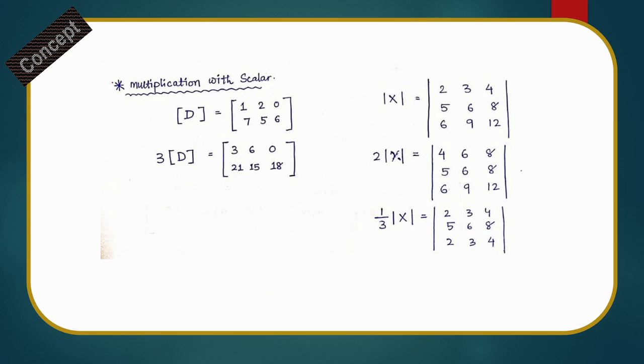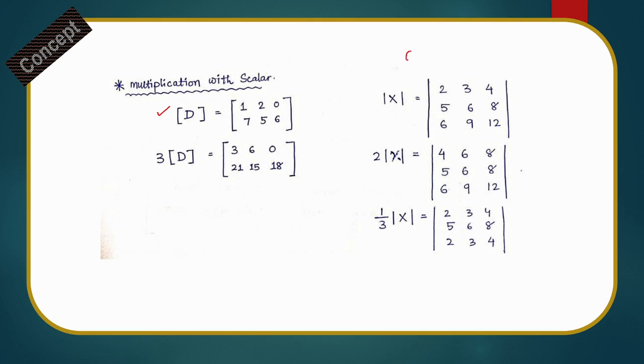Again, this is a very important difference between matrix form and determinant form. As you can see, if a scalar is multiplied with a matrix, we have to multiply with each and every element. So if D is this, 3D equals each element multiplied with 3.